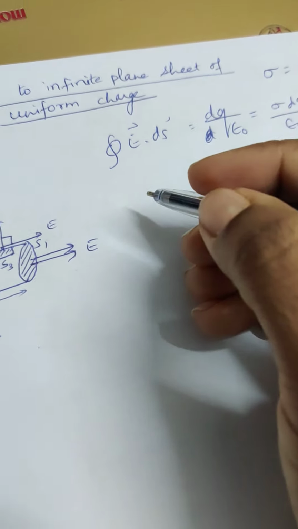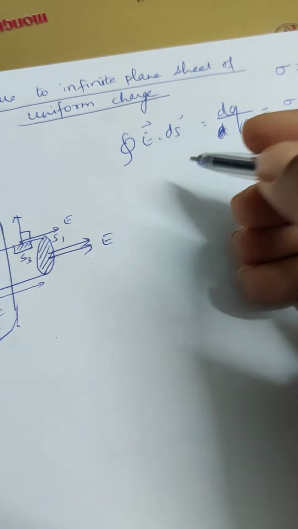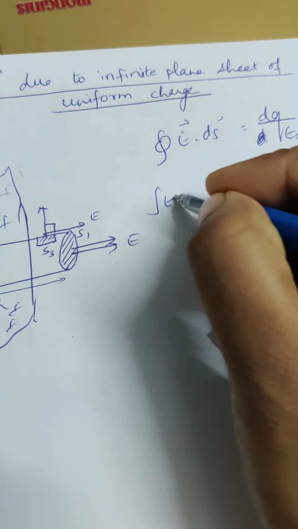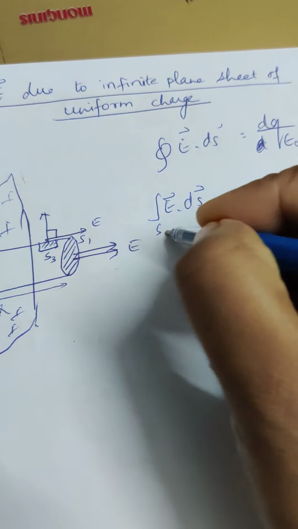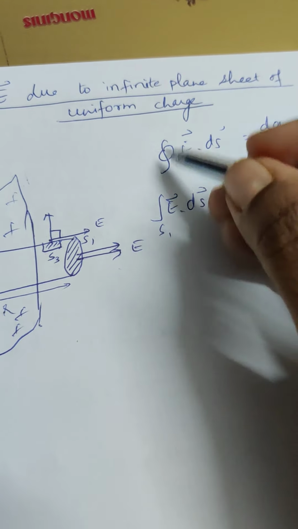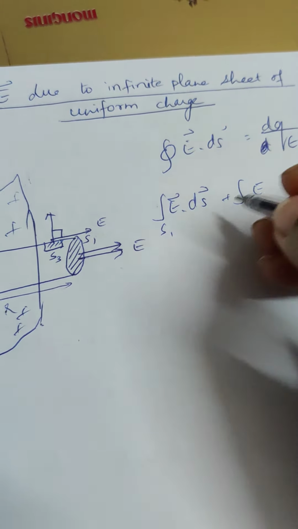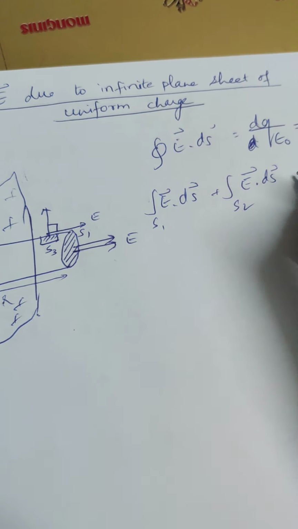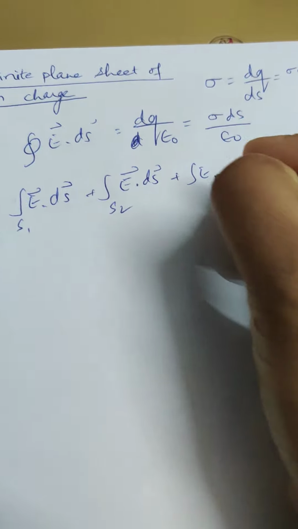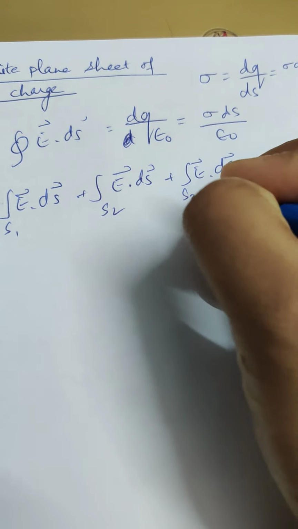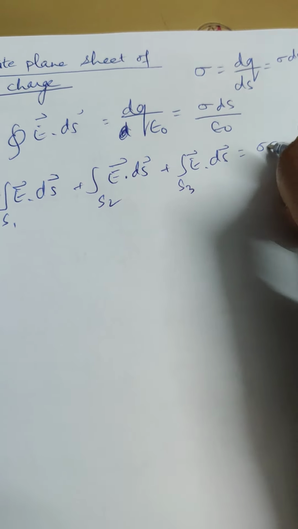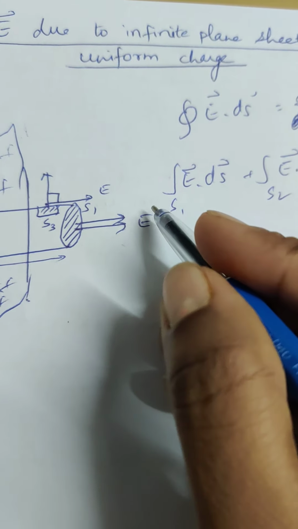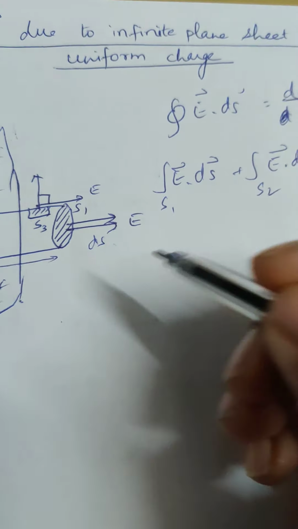Now you see E dot ds. I'll write three parts: E dot ds for S1, plus E dot ds for S2, plus E dot ds for S3, equal to sigma ds by epsilon naught. I am not writing the circle now; the circle is for the closed loop. Now I have broken the area into three parts. For S1, the first surface, E and ds, they both are in the same direction.